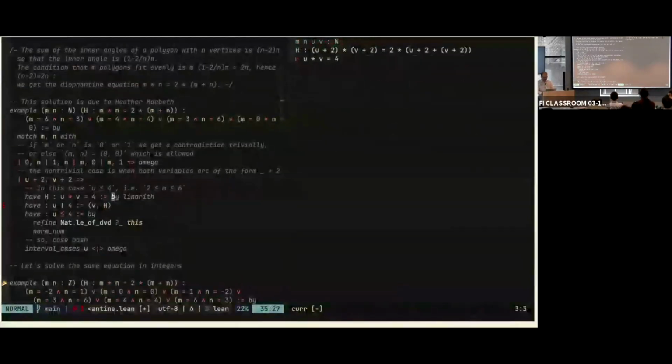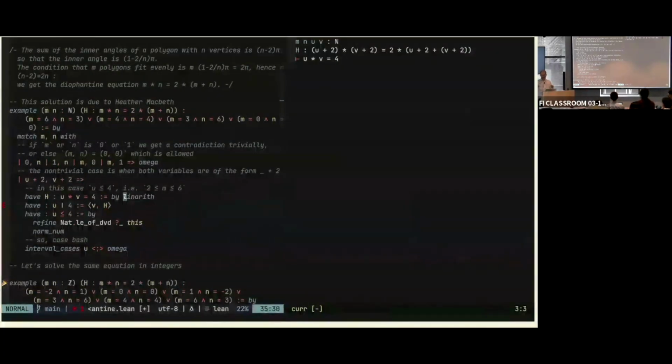And then there is a technique that works, which is called linarith, that we have seen sometimes, that basically takes the equation that we have, which is here, and possibly trivial equations of the form u equals u or v equals v and 1 equals 1, and makes combinations of this.